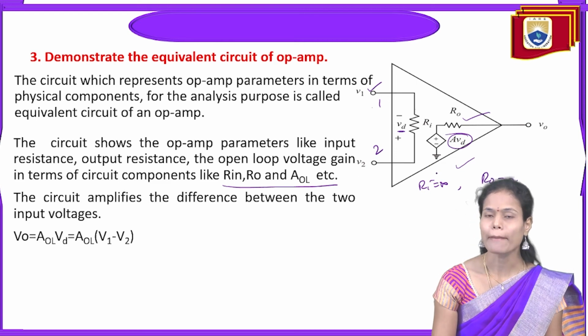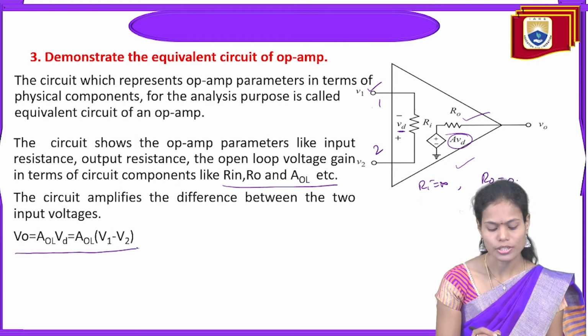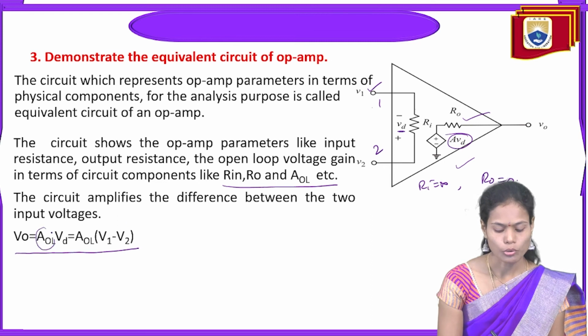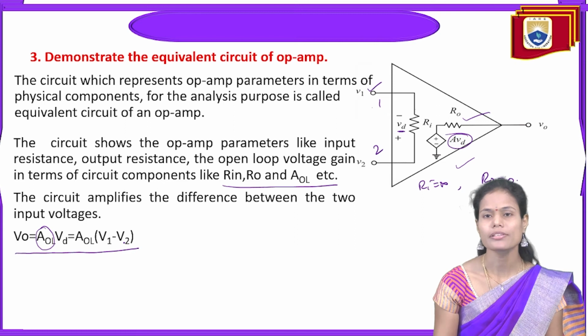So this circuit amplifies the applied differential voltage between the two input terminals. The output voltage is the open loop voltage gain AOL into VD, that is equal to AOL (V1 minus V2).